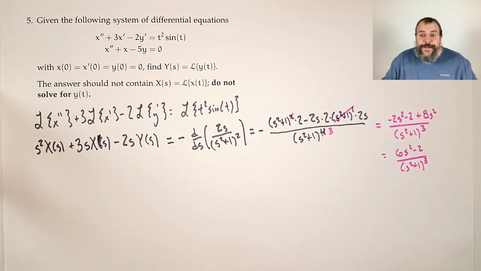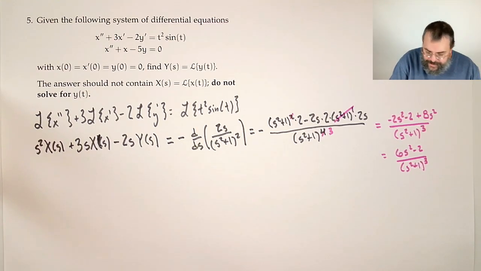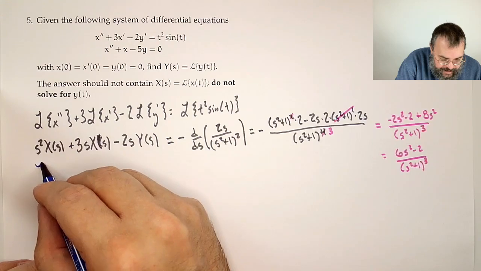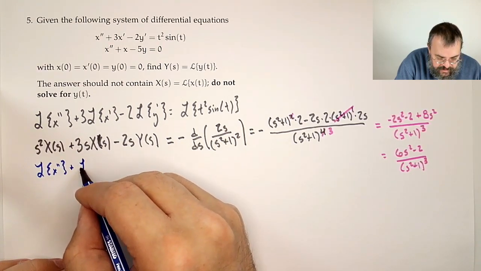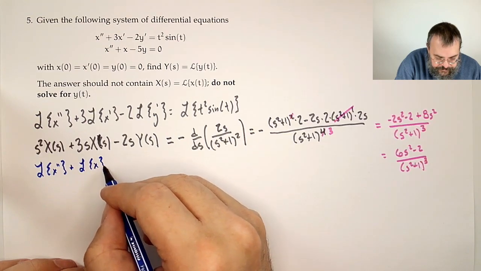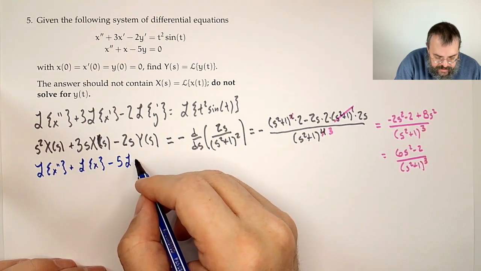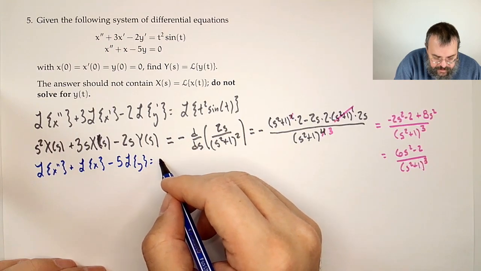Well, where to from here? Our next step is we have this other equation that we have to do. We can't do just one equation. And so let's do our other equation. Maybe we'll switch colors just to emphasize, hey, we're in our other equation here. So we're going to look at Laplace of x double prime plus the Laplace of x minus 5 Laplace of y equals 0.